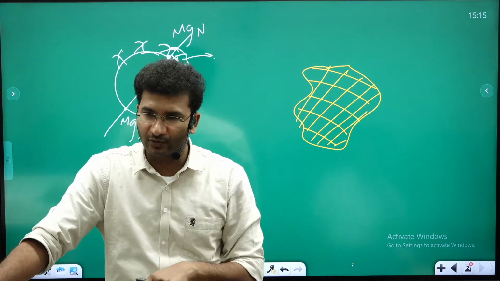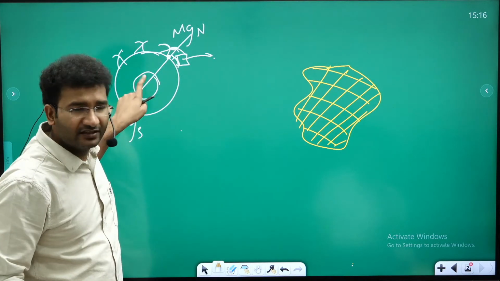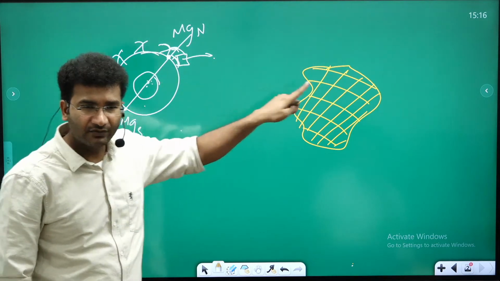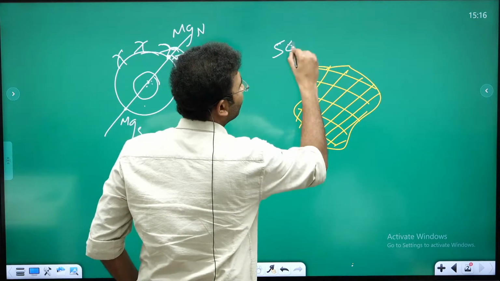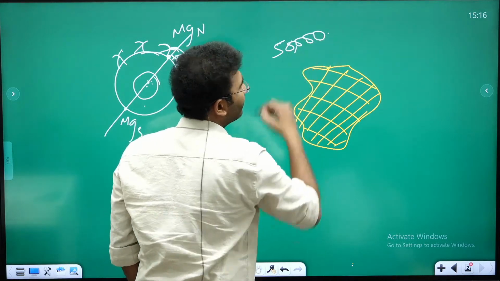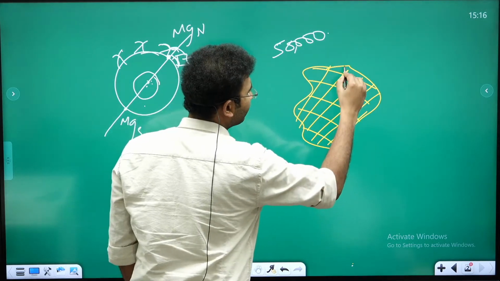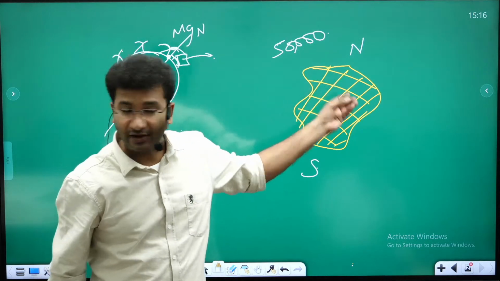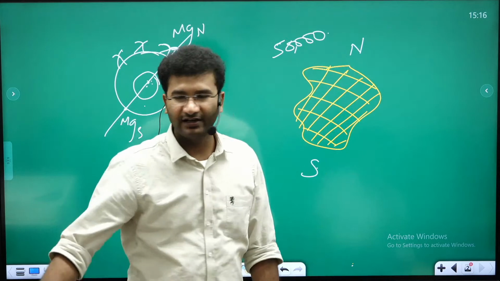Why does it keep on moving? Because there are some changes within the interior of the earth. Even if you study the magnetic field lines of this rock, suppose this rock was formed 50,000 years before. At that point of time, our earth's magnetic field lines, north pole might be here, south pole might be here. And if this rock has a ferrous component, then it will align its magnetic field in this direction.